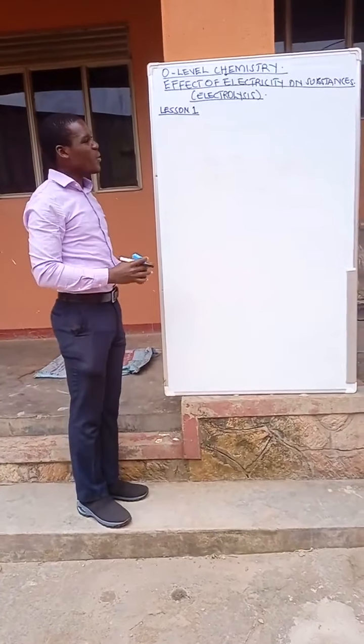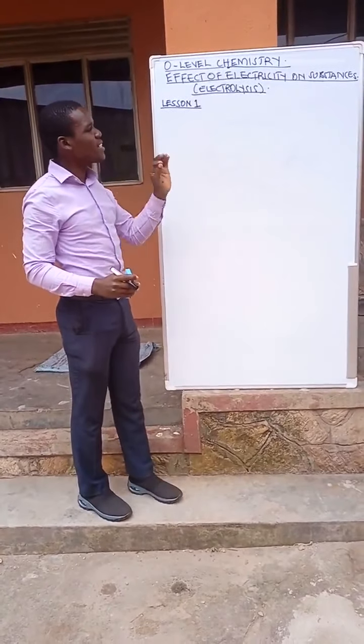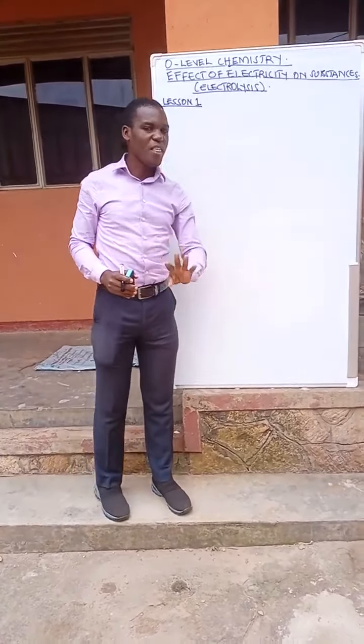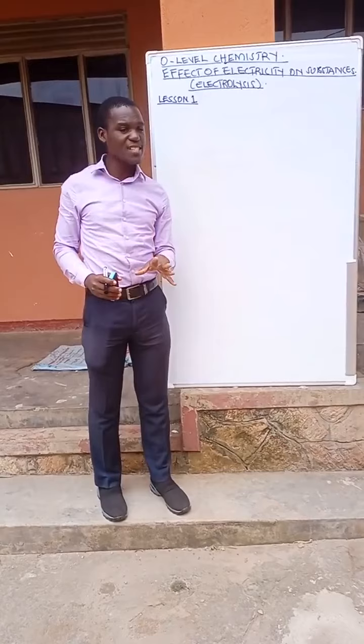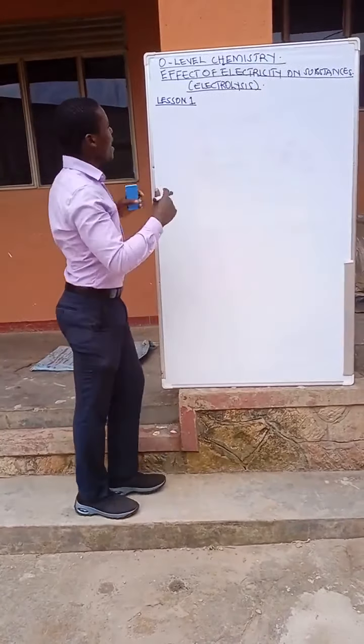Yes, so under the effect of electricity on substances, we have to first of all know that there are two categories of substances when it comes to their behavior with electricity.